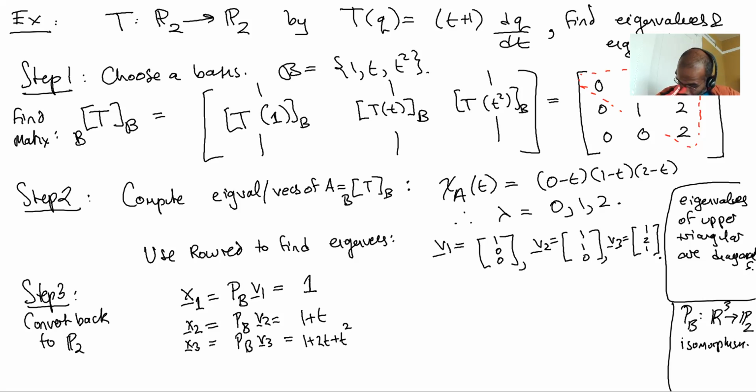And indeed, the eigenvalues are the same: lambda 1 equals 0, lambda 2 equals 1, lambda 3 equals 2. And so this actually checks out. You can check that these are the eigenvectors of T. They have to be. Okay, so it's just another instance of this correspondence principle. You turn it into a matrix, solve the problem for matrices, and translate it back. Any questions on this example?